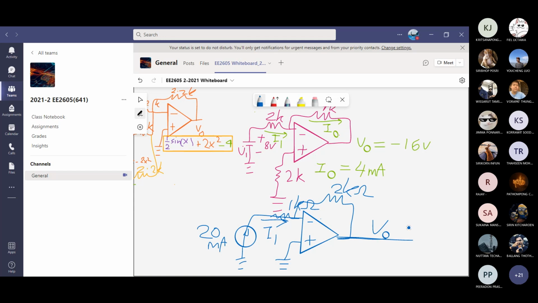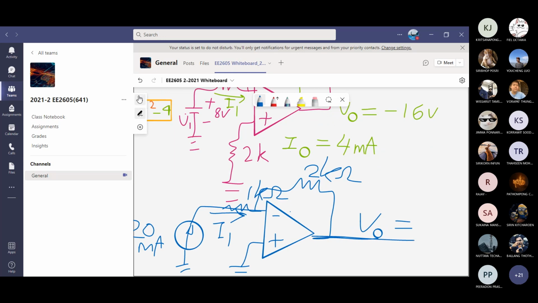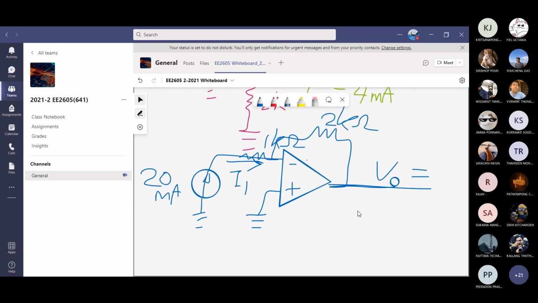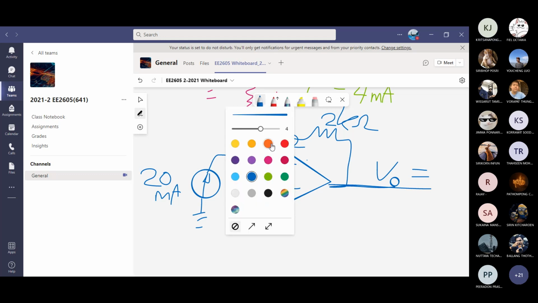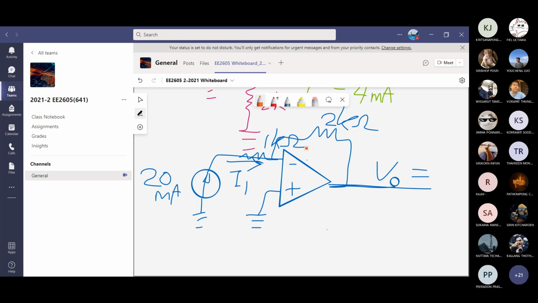What is V out? How much is V out? Is the question. Negative 40. Negative 40 volts, yes. Because I1 is same as I out.